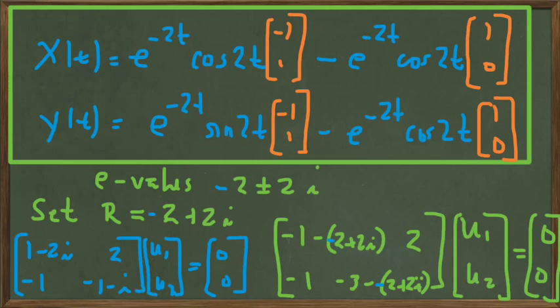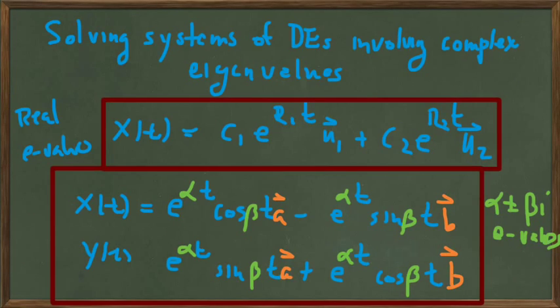Here's the A part of the eigenvector appearing here and here, and the B part of the eigenvector appearing here and here. So this concludes this video on solving a system of DEs where there are complex eigenvalues and eigenvectors.